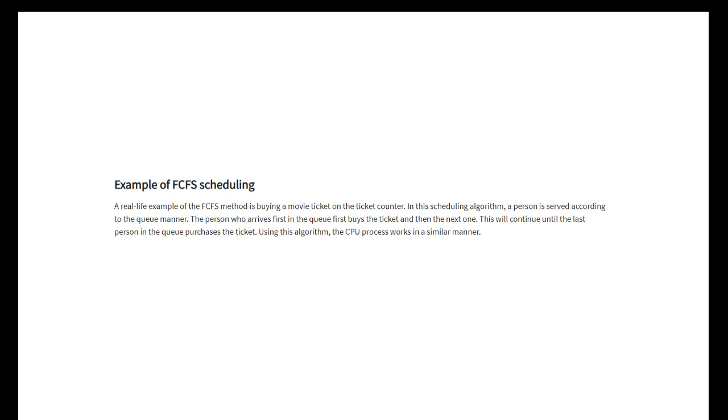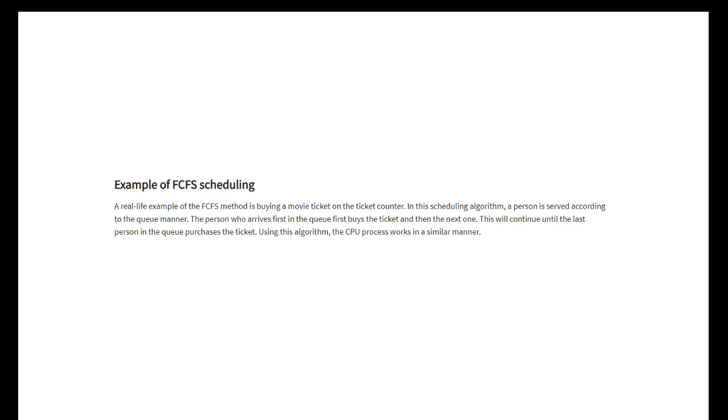So the example of FCFS scheduling is buying a movie ticket at the ticket counter. In this scheduling algorithm, a person is served according to the queue manner.